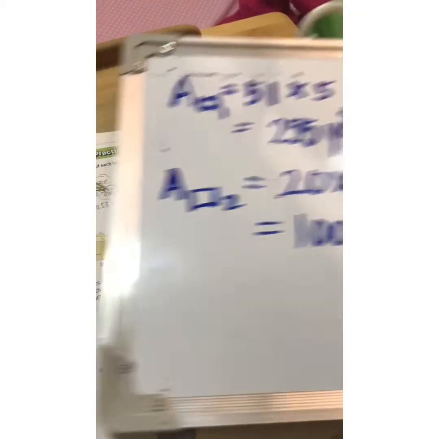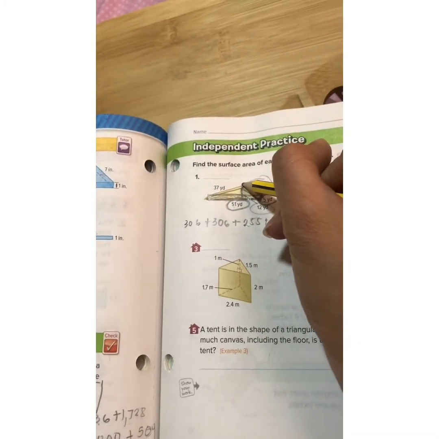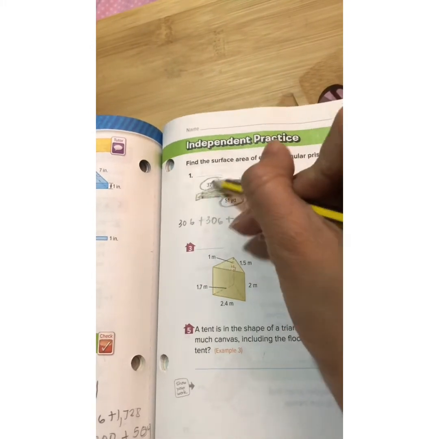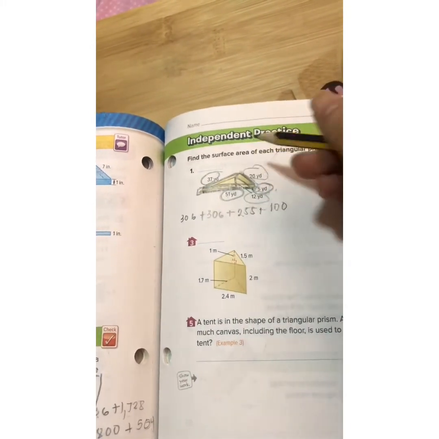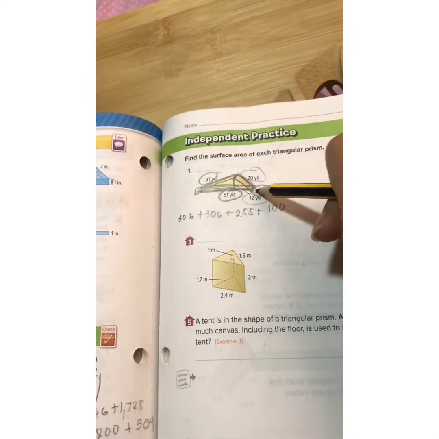Okay, so we only need one more rectangle. So we'll write 100 here. So we'll need one more rectangle, which is this part. So we got 37 for this one, for the long one. And here is 5. Why 5? Because this and this are the same.